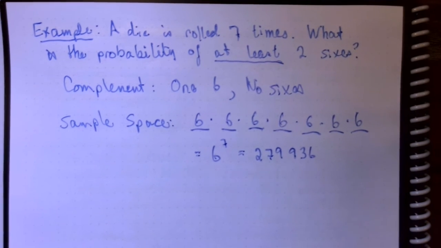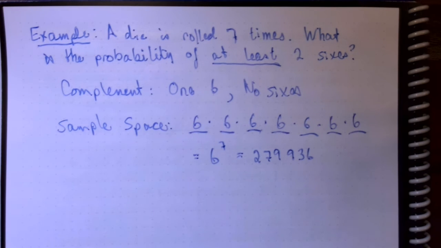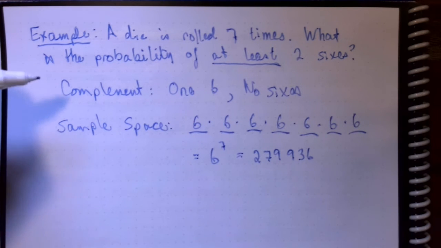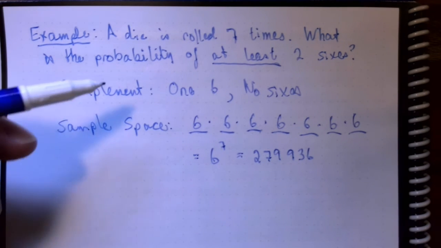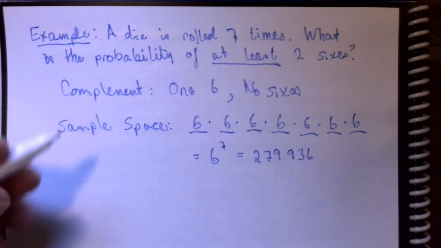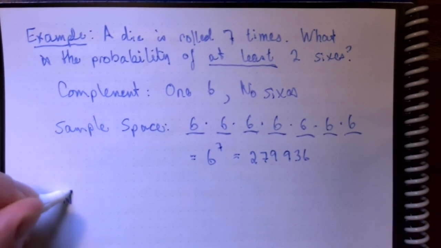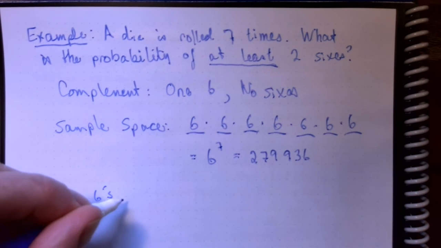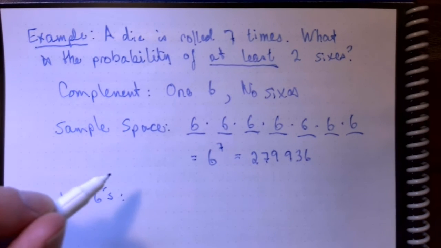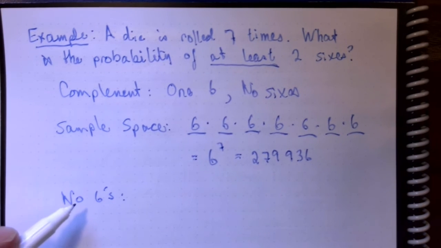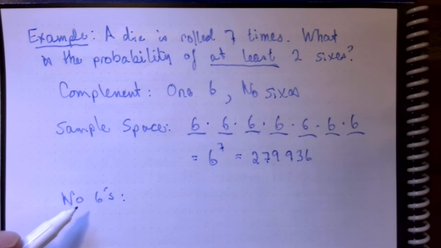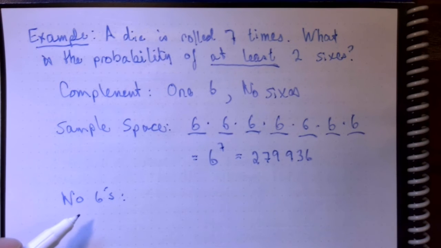Okay. Now, I got to think a little bit about ways to get not a 6. No 6s at all. Now, it's not quite as easy as the last example. Okay? In the last example, you're talking about either heads or tails.